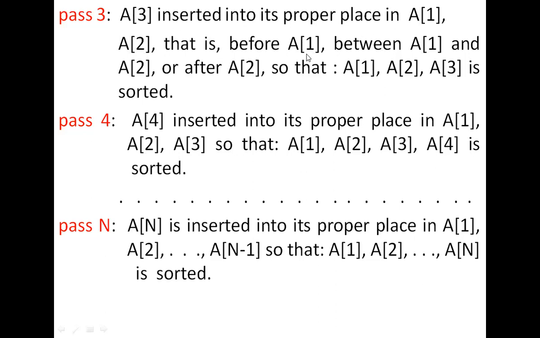It can be inserted before A of 1, or between A of 1 and A of 2, or after A of 2. If we arrange it in one of these places, then A of 1, A of 2, A of 3 is sorted. So we insert the next element A of 3 into its proper position, so that A of 1, A of 2, A of 3 is sorted.